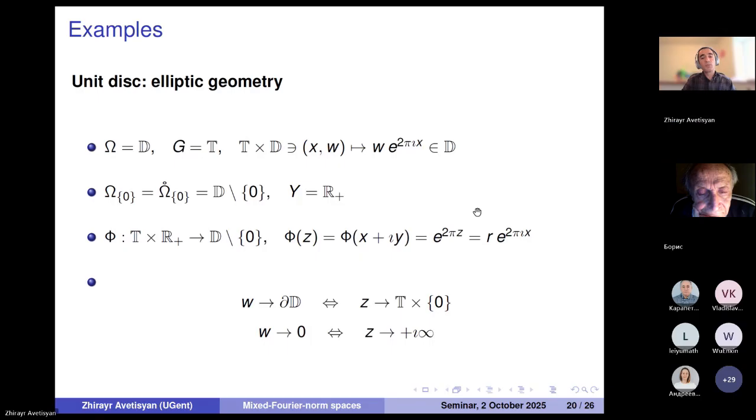Whereas when w approaches the origin, then z approaches the other, the infinite end of the cylinder.